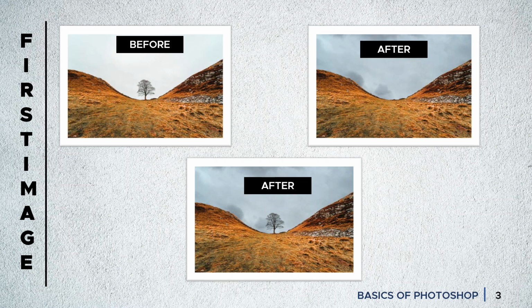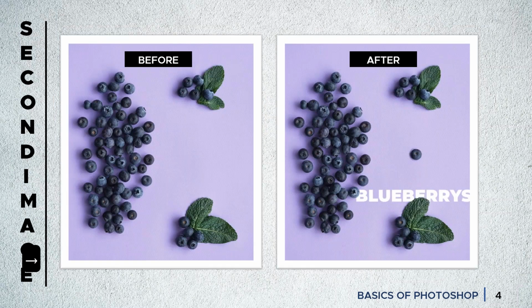You might be seeing the first image which we're going to edit today. If you see there is the before and there are two afters of that photo. We will be making them like this, and similarly now the second image, it would be seen right now, its before and its after.